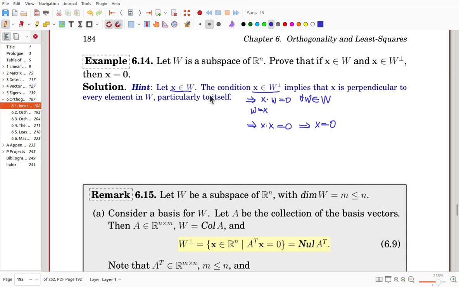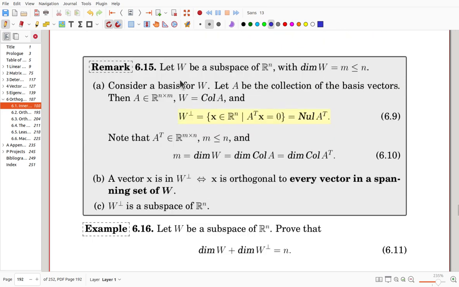This implies that a space and its perp are completely different, and the only shared vector is the 0 vector. Except for 0, everything else is completely independent.